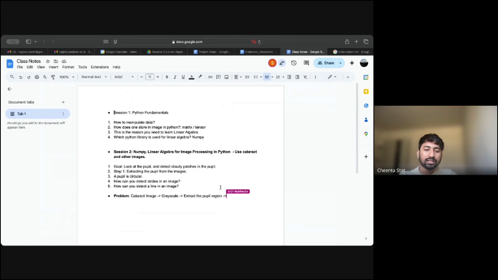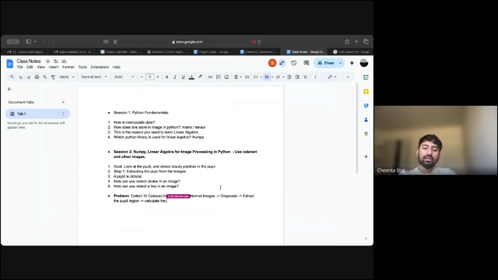Now I will say, collect 10 cataract images and 10 normal eye images. Extract the pupil region.